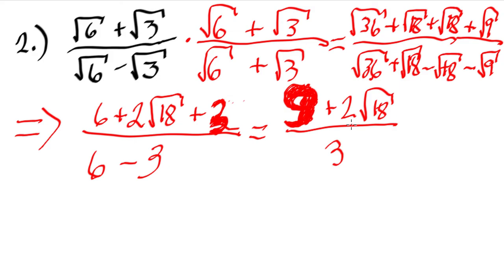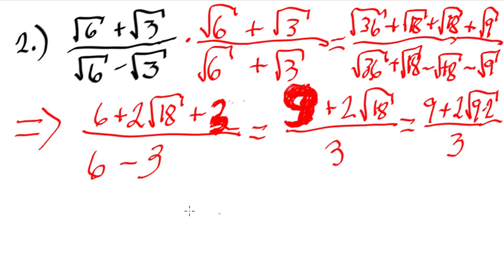Then we're going to tweak the square root of 18. There is a perfect square in 18, that is 9, so let's get that out. We have 9 plus 2 square root of 9 times 2, all over 3.